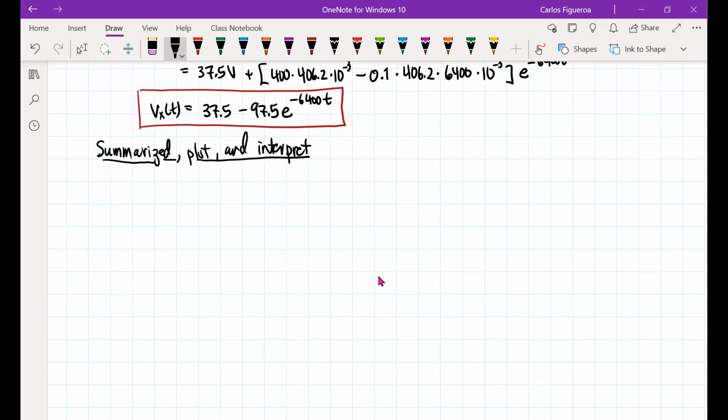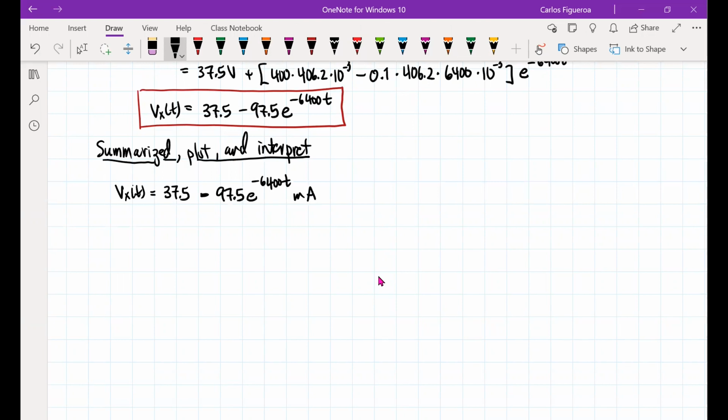So what do I know about this guy? The first thing that I know is that Vx of t has three things that we've got to look at. So we have 37.5, and then a minus sign, and then 97.5 e to the minus 6400t.